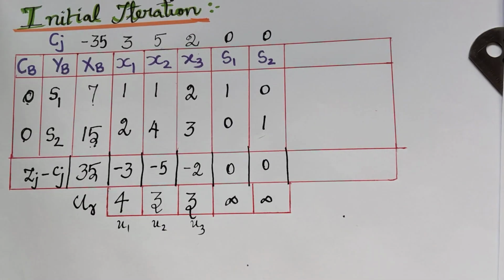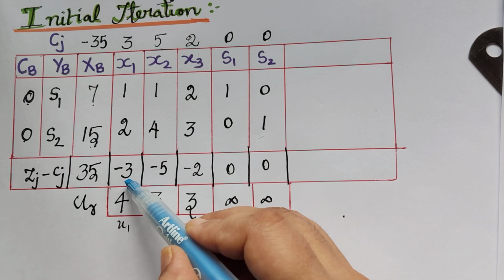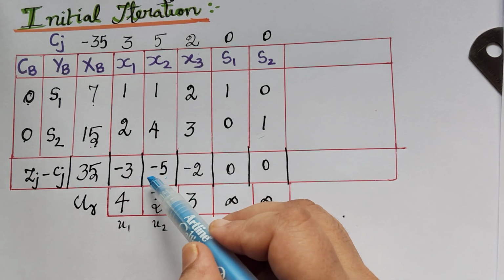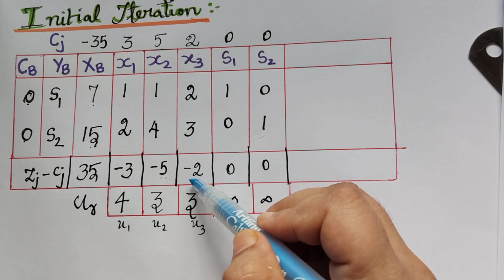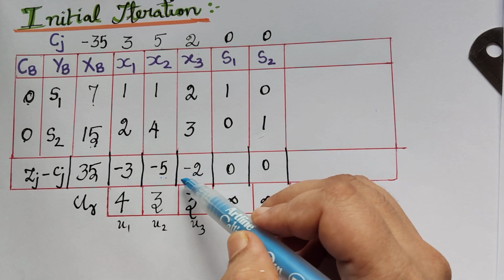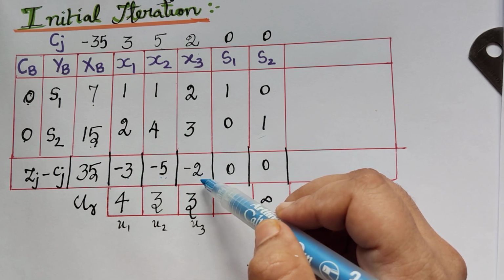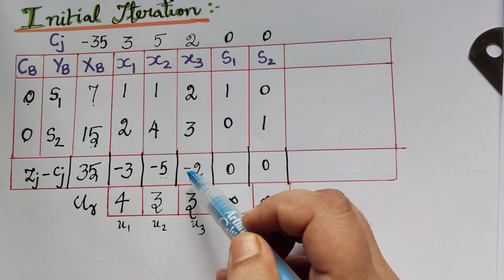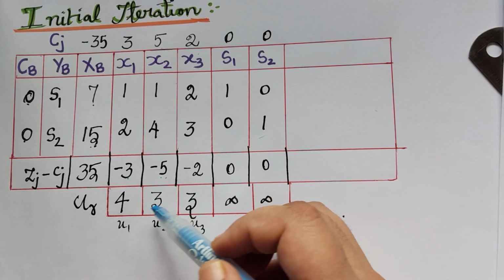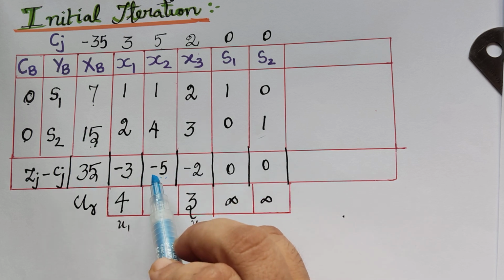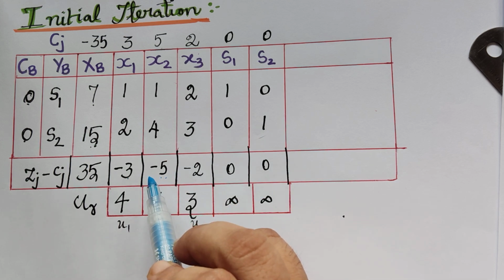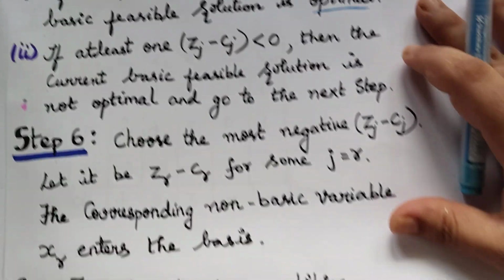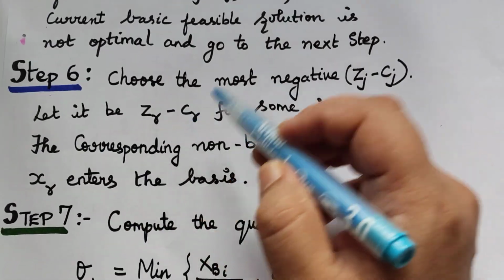If we check for our problem, these are the values of zj minus cj: minus 3, minus 5, minus 2. We see that not every value is greater than or equal to 0. So we have negative values, and we have to choose the most negative value. Minus 5 is the most negative value. After choosing it, let it be ZR minus CR.